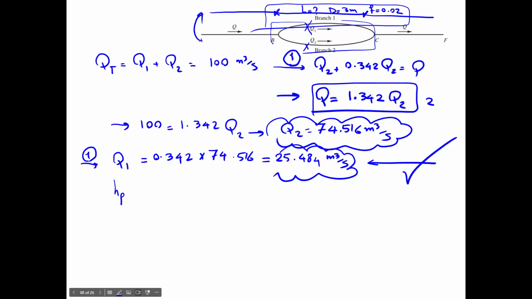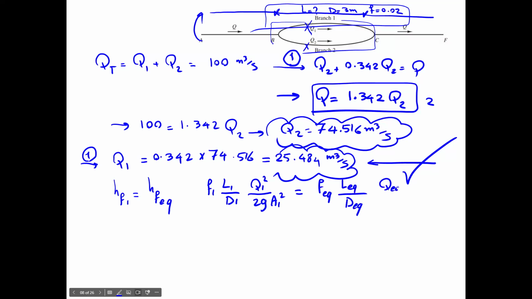So I can say HF of 1 or 2, whatever you want, should be equal to HF if I make an equivalent pipe. F1, L1, D1, Q1 square over 2G, area 1 equal to F of equivalent, L of equivalent, and everything related to equivalent.